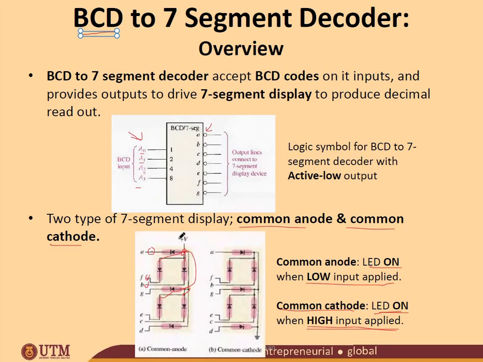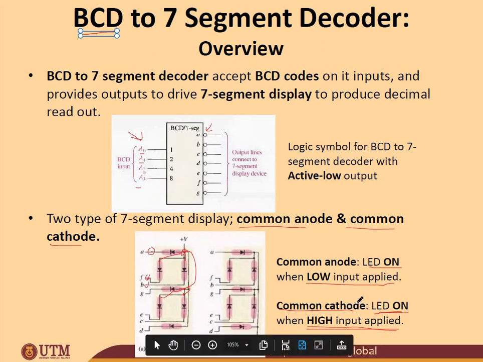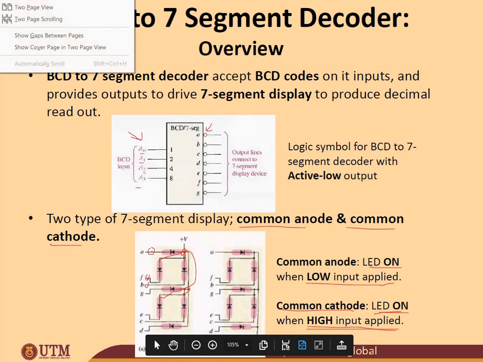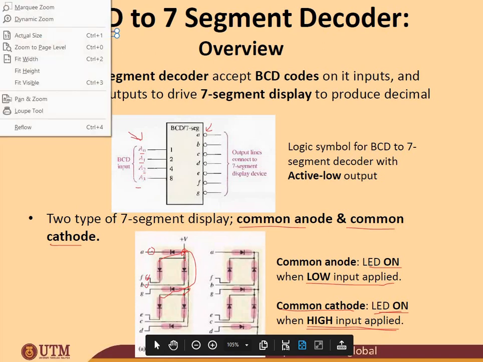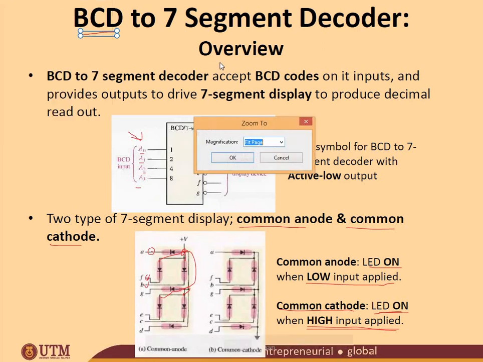When this one is low, you will have the positive to negative connection complete, and then this will turn on the display. Likewise for the common cathode, you can see everything is connected to the ground. Sorry, I reduced this display a bit because the bar is disturbing our view.